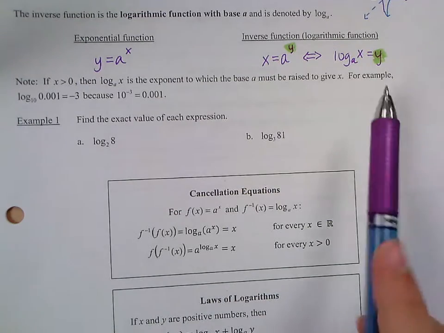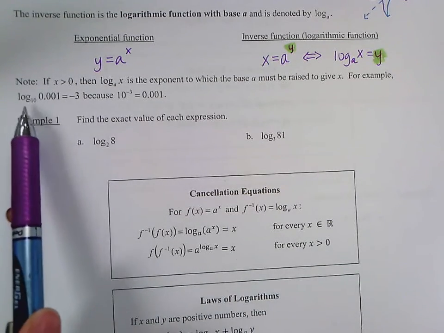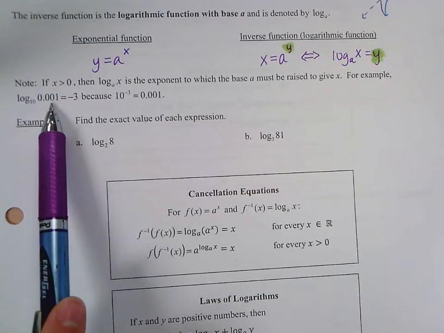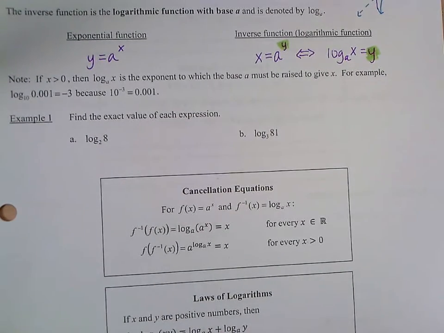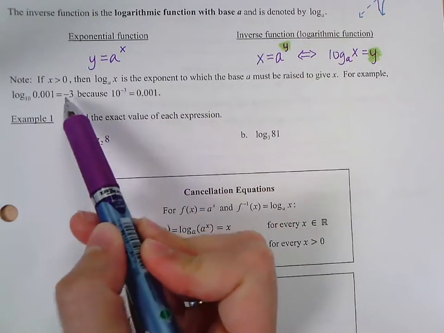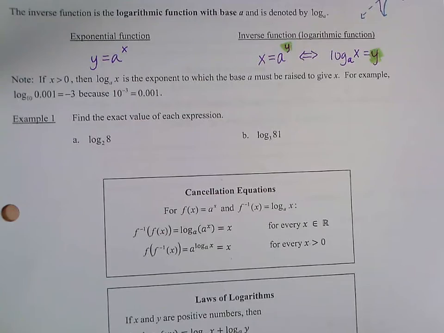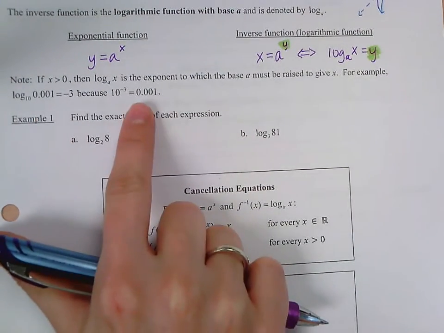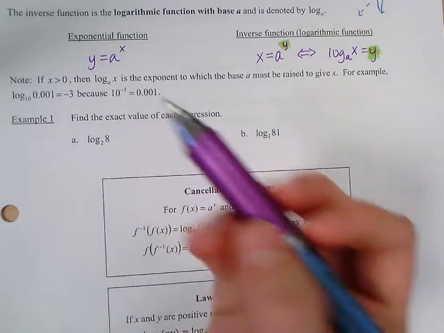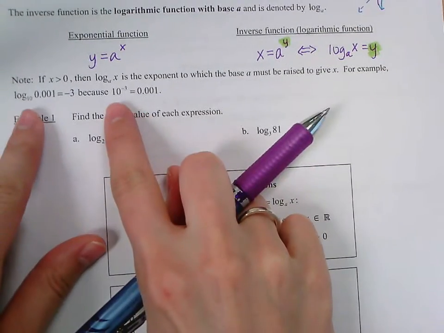And then I did give an example. I have here log base 10 of 0.001 is equal to -3, because -3 is the power you have to raise the base 10 to get 0.001 as the answer. To go from that logarithmic form to an exponential form, what's nice is in both forms, your base number is the same.